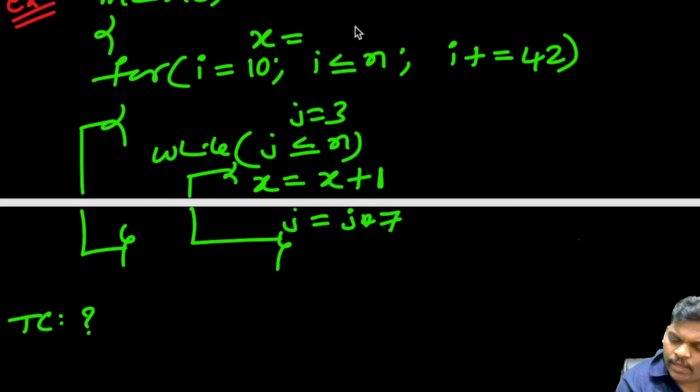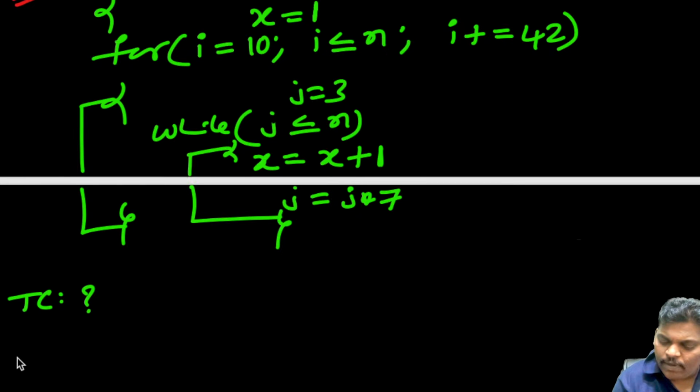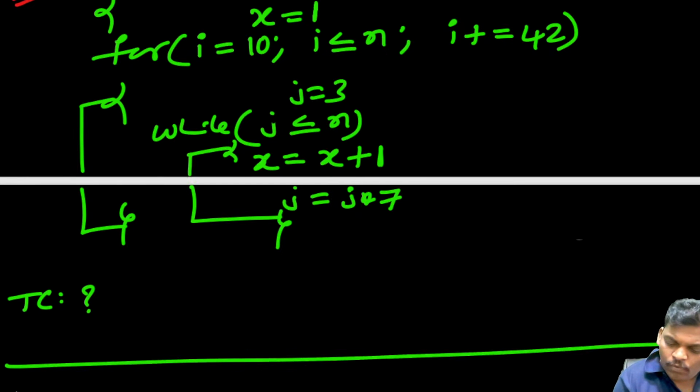X value initially is 1. I want the time complexity. I want the x value also.